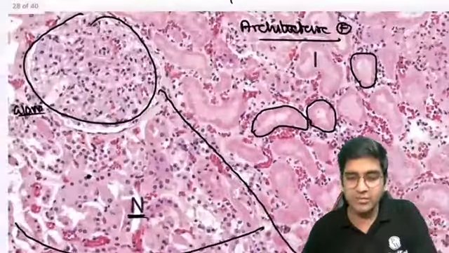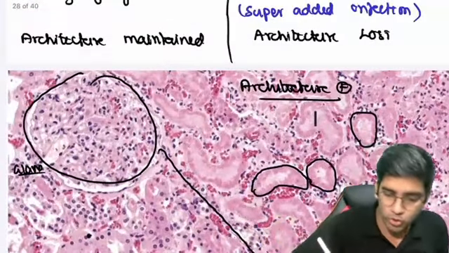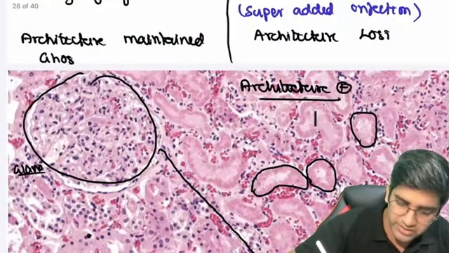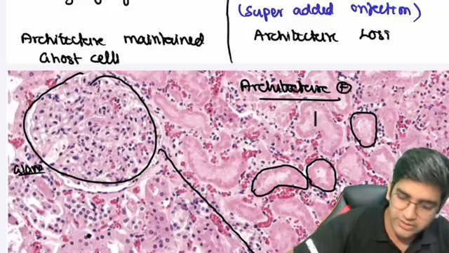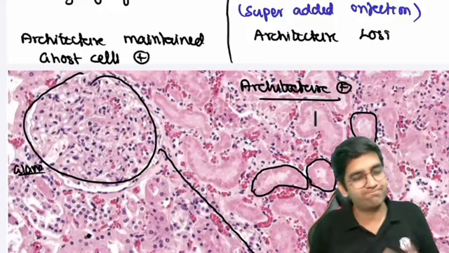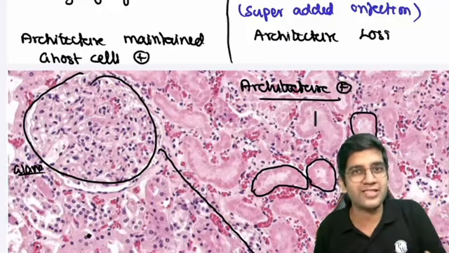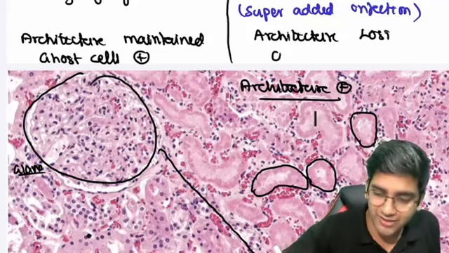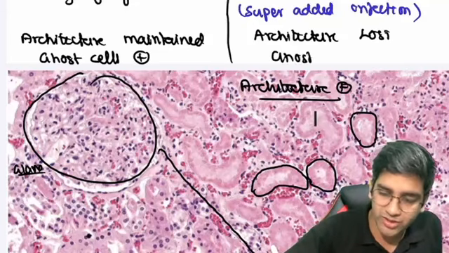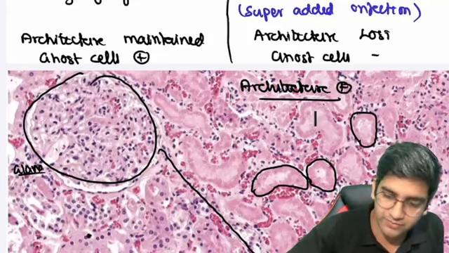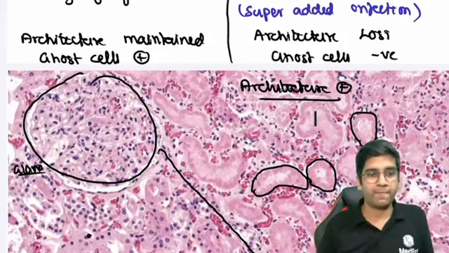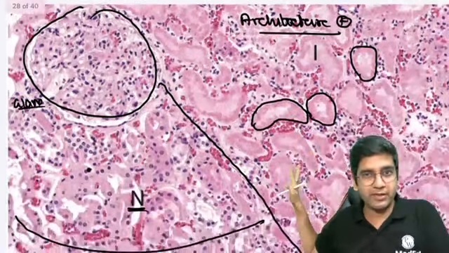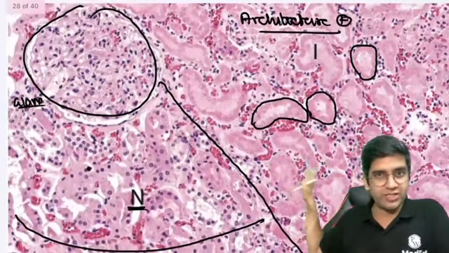So with the architecture present, they also call them ghost cells being present. It's a very stupid analogy, but people ask MCQs on it. And here, when the architecture is lost, the ghost cells are absent. The only thing is, I want you to appreciate the architecture being maintained here.